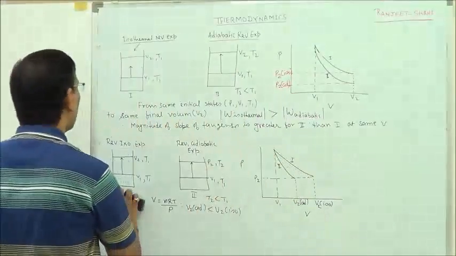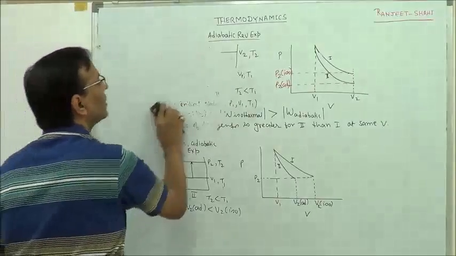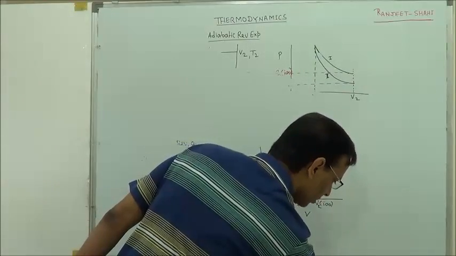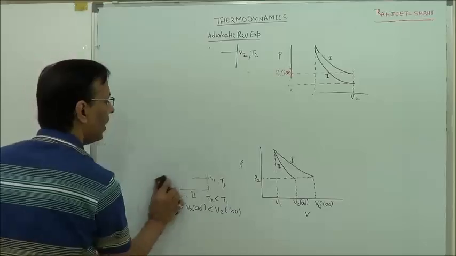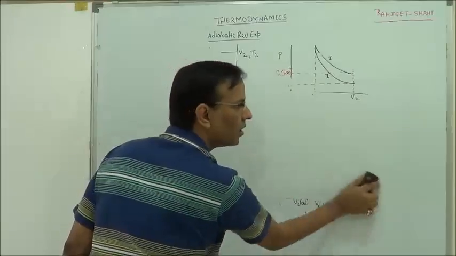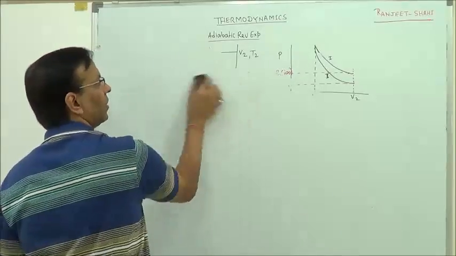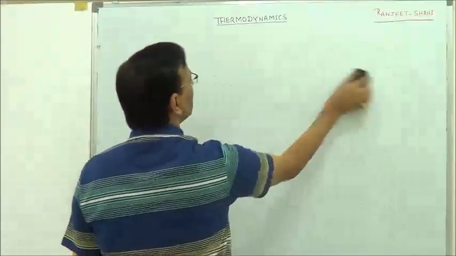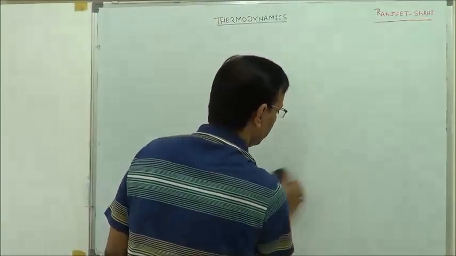Next, we will be solving some more problems related to the reversible adiabatic process. But now we have done the isothermal process in detail. The adiabatic process, we have just solved a problem.